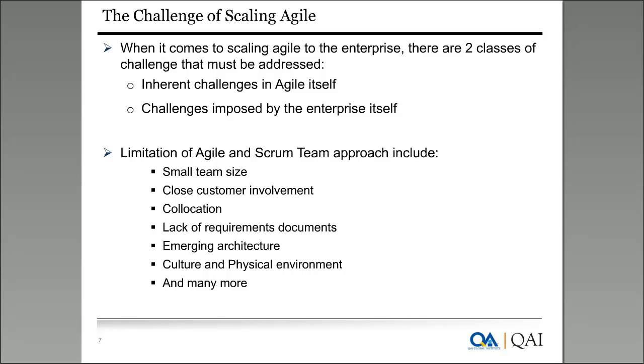So let us see what the typical challenges are that we see when we want to apply scaling agile. Typically, these challenges fall into 2 categories. One is the inherent challenges in the agile approach itself, or the Scrum approach if you want to say. Scrum practices talk of face-to-face communication, collaboration, team member collaboration, co-location, and all those things.